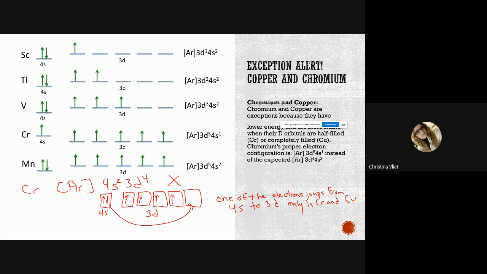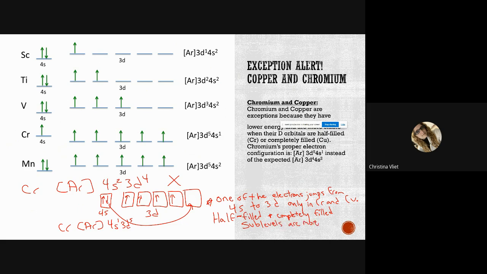So, one of the electrons jumps from 4S to 3D only in those two elements, which actually means that the correct answer here for chromium is argon, 4S1, 3D5. And the reason for this, there's a reason: half filled and completely filled subshells or sublevels are more stable.